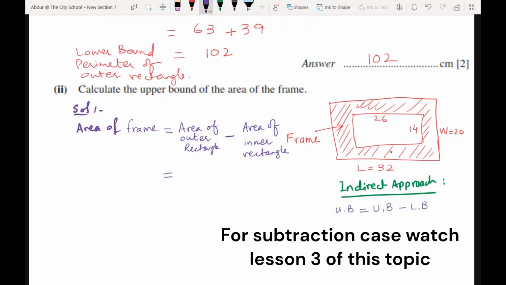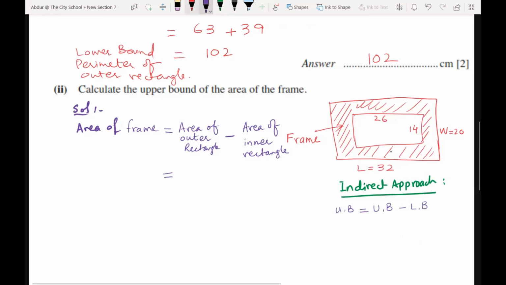So the area of the frame requires upper bound. So area of outer rectangle must be upper bound minus area of the inner rectangle must be lower bound.